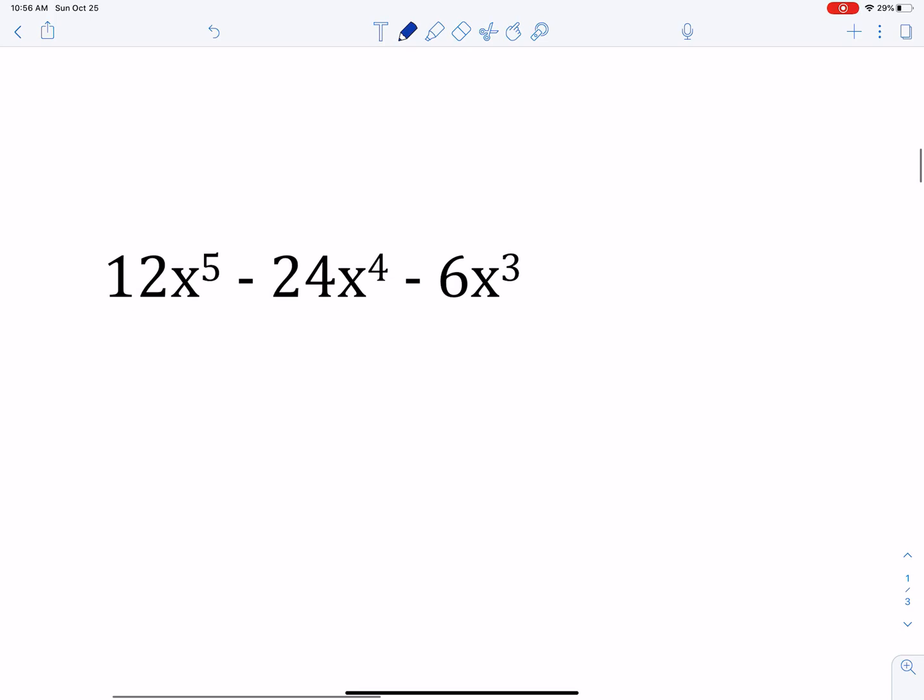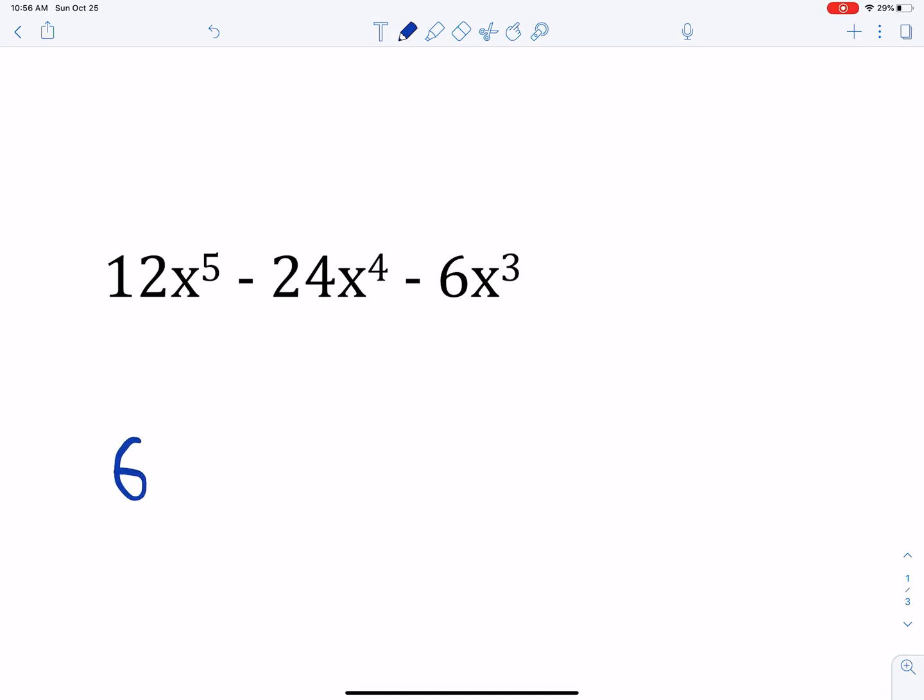Here we have 12x to the fifth minus 24x to the fourth minus 6x to the third. This is a kind of expression you'll run into a lot when you're trying to solve equations later on in this chapter. So here, thinking of the numbers 12, 24, and 6, we want to think of what all of those are divisible by. It would be 6.